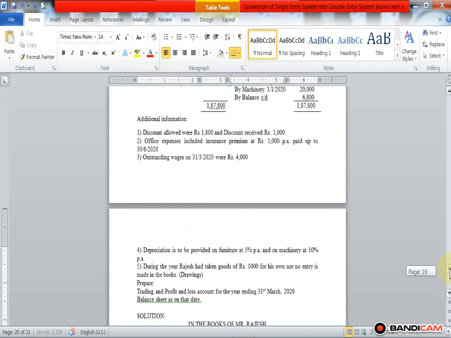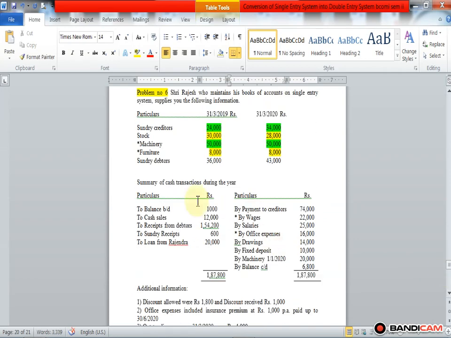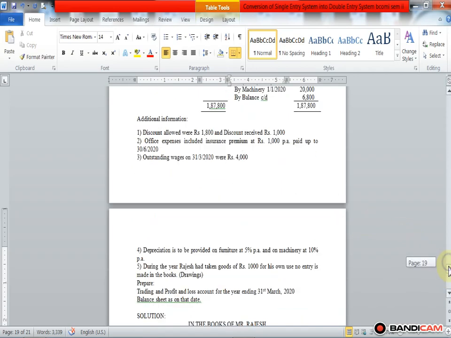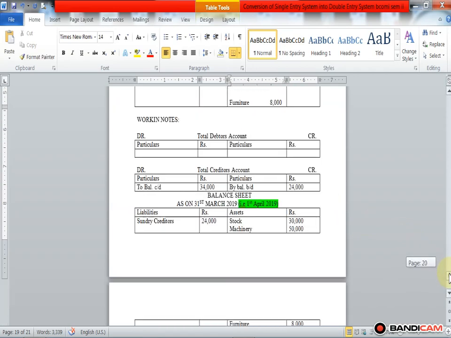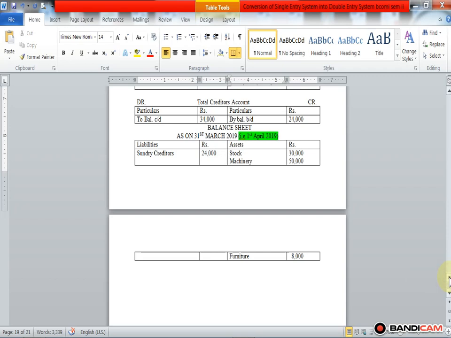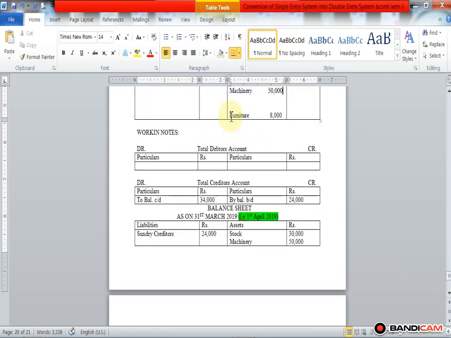Then sundry debtors. Sundry debtors have four effects, that is opening and closing, then opening assets and closing assets. So here, first of all, transfer to working note, that is opening and closing.